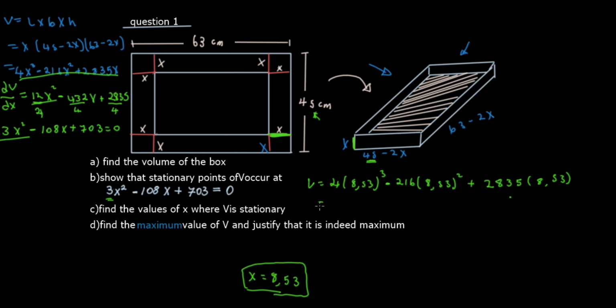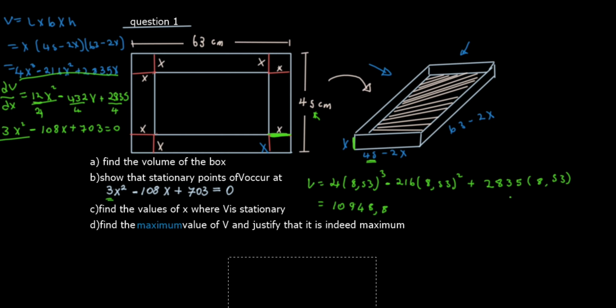So after substituting, when I use my calculator, I'm going to find out that the maximum volume is 10,948.8. Now let's look at the other part of the question, which says justify that it is indeed maximum.